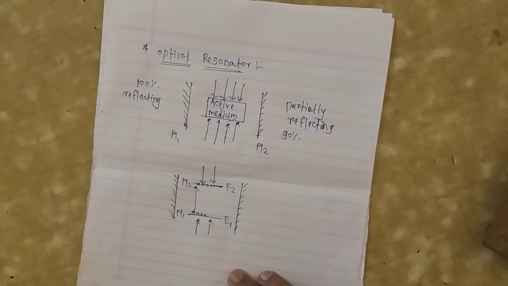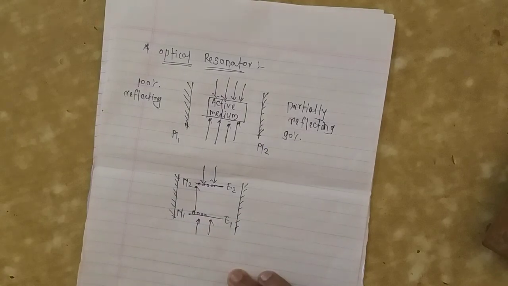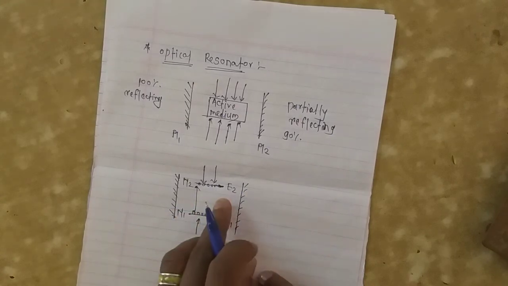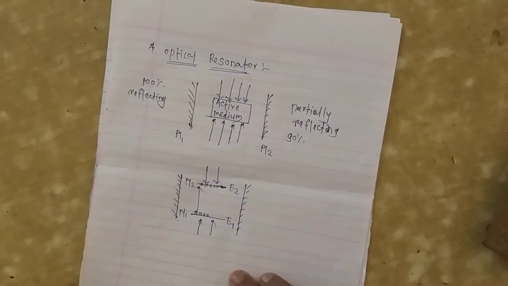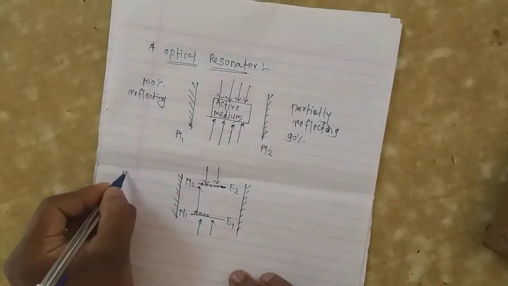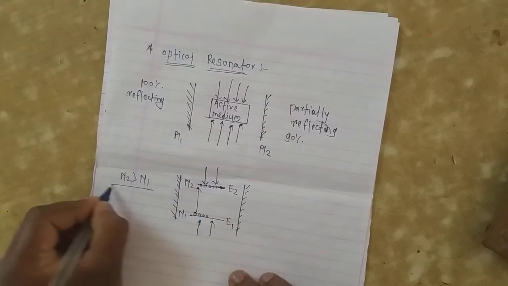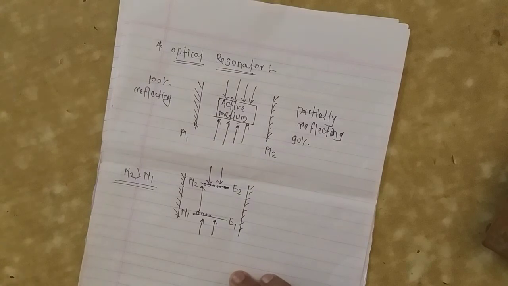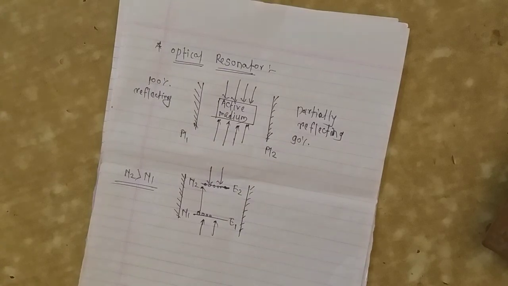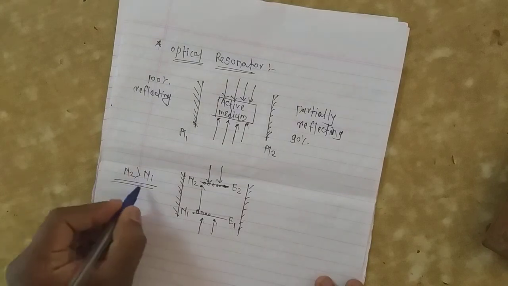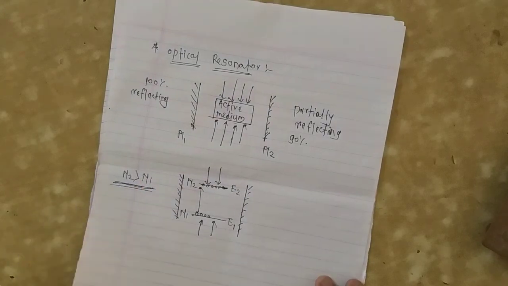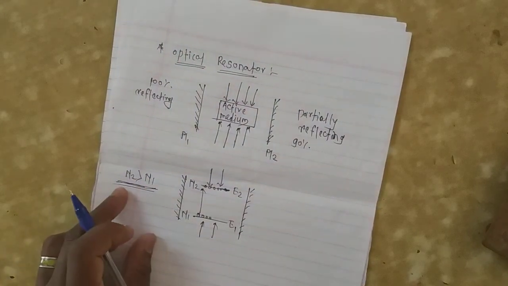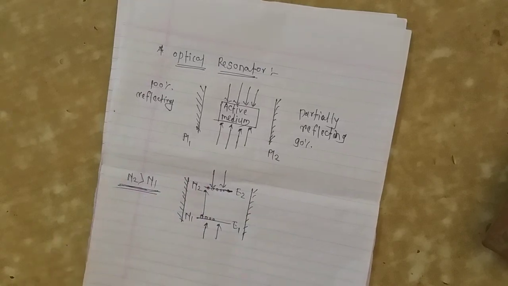The number of atoms in the excited state is more, that is the population N2 is greater than the population N1. This is the population inversion. Population inversion means the number of atoms in the excited state is greater than the number of atoms in the ground state.